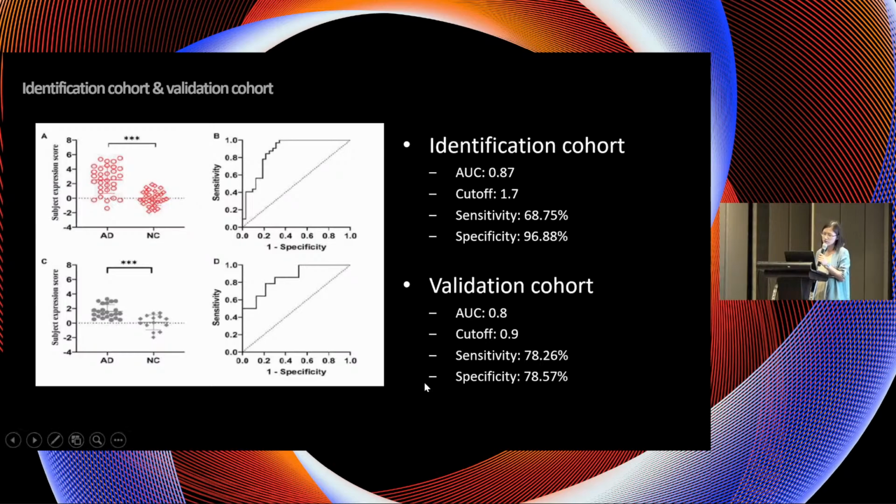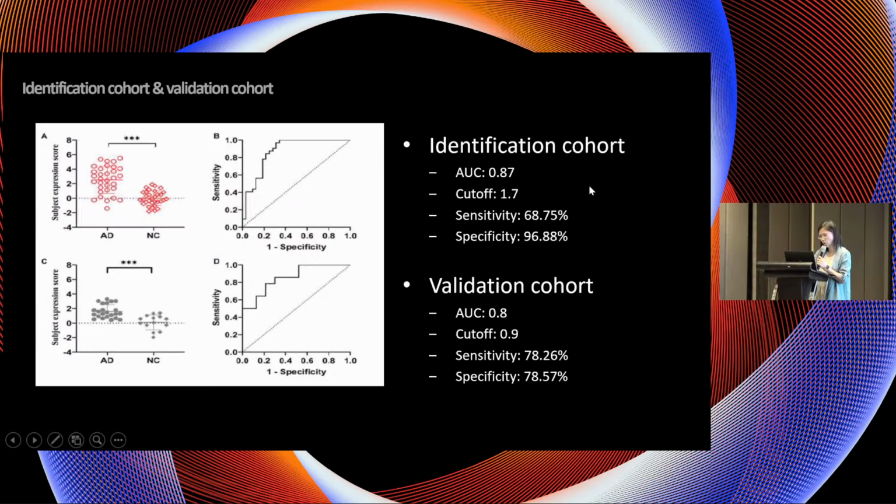And the ROC curve was generated for the subject expression score to determine the optimal cutoff value for distinguishing AD from HCs. We can see that the AUC in the identification cohort and validation cohort are nearly the same.